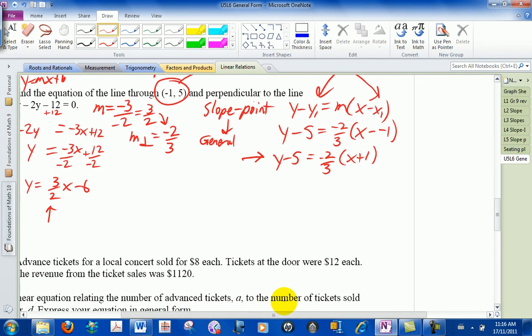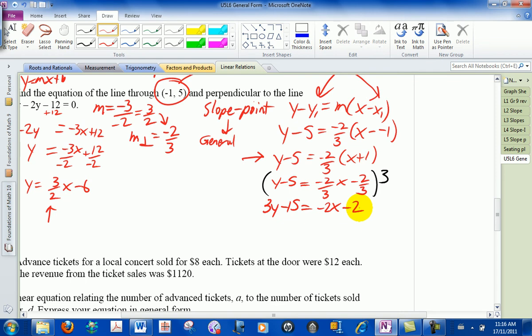And so now I'm going to do my math. y minus 5 equals negative 2/3 x minus 2/3. Which should I multiply by to get rid of my fraction? 3. Okay. So you get 3y minus 15 equals negative 2x minus 2.